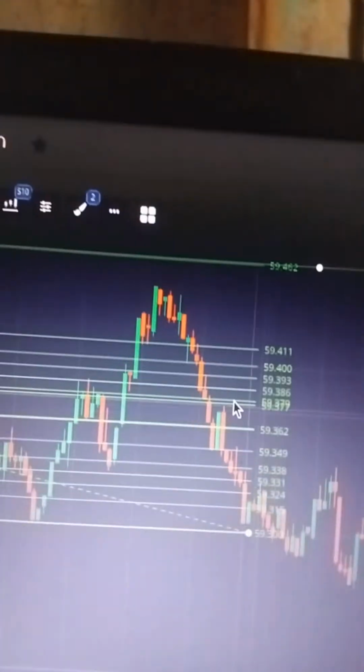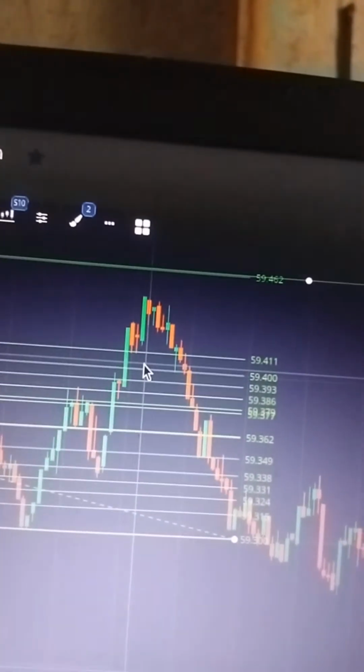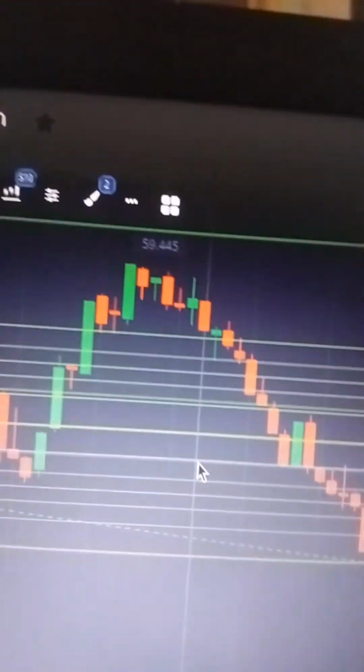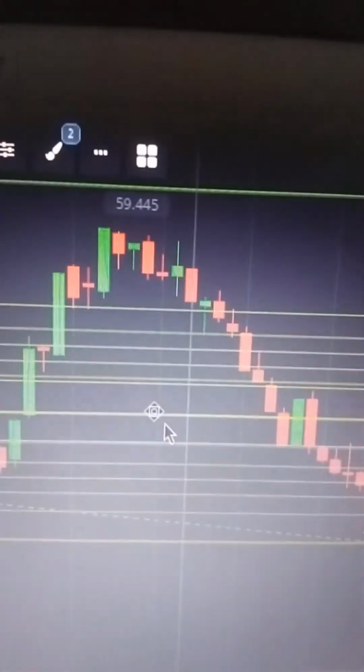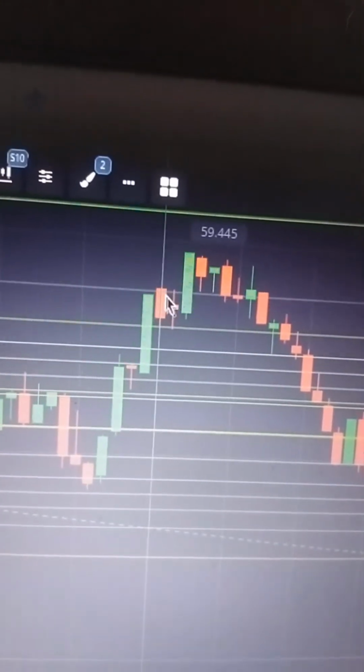There has to be a change of character. Do you see any swing low? I really don't see any swing low. I don't see any swing lows up there.